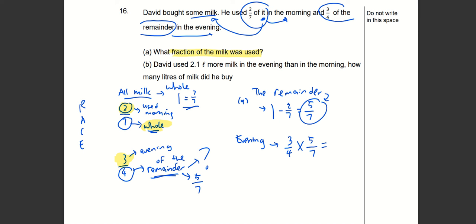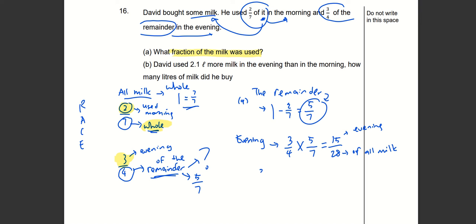Then I do my fraction multiplication. So 15 out of 28 of all the milk. This is of all the milk used in the evening. Okay, this is evening. So I must add together with the morning.